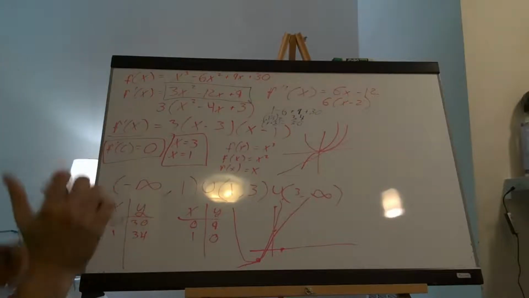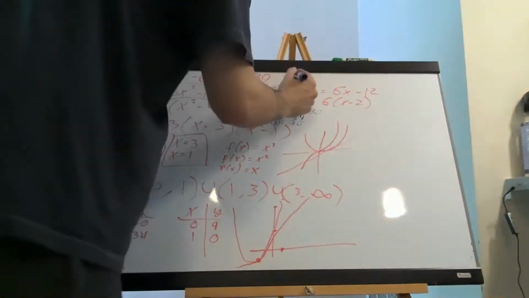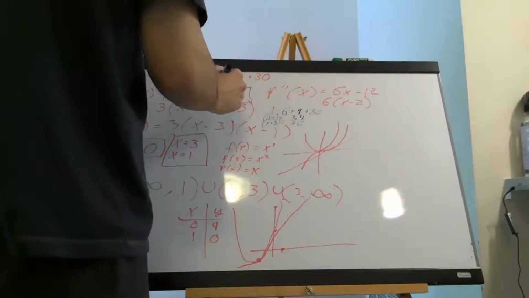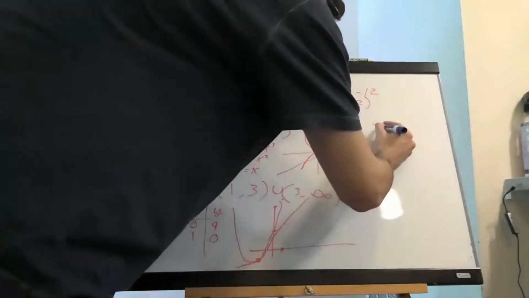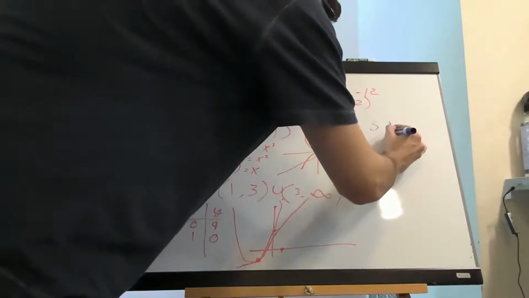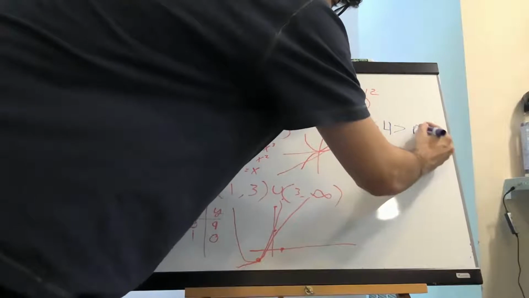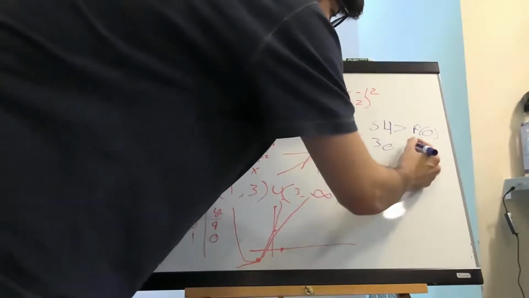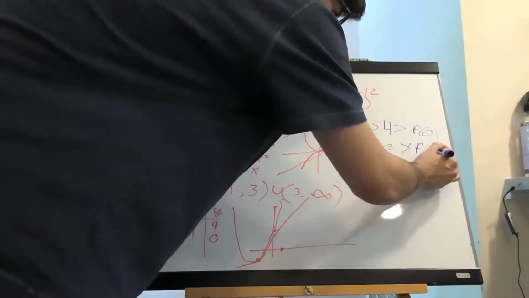Okay, so here's how we're going to do this. So our first thing is going to be 30. 34 is greater than f of 0. 30 is not greater than f of 0.